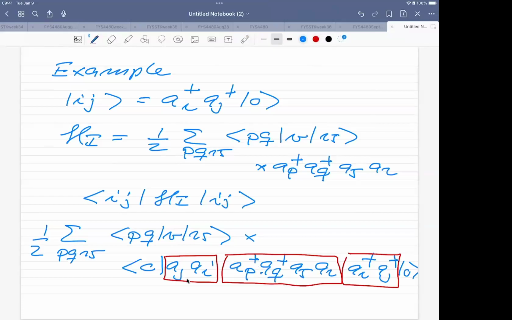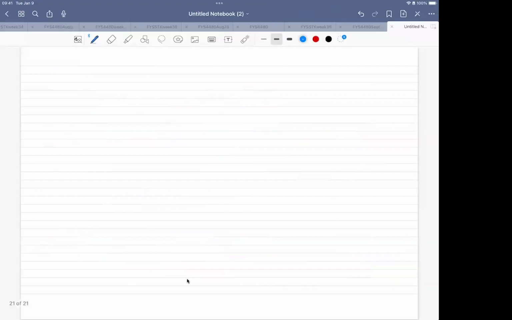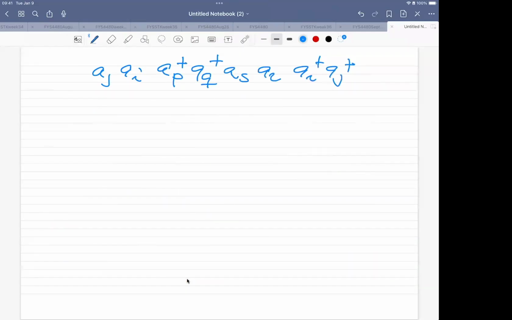We get back the same thing which we did yesterday. We had four possibilities, the only four non-zero possibilities, where we now simply, instead of bringing back everything here, just look at the operators themselves.